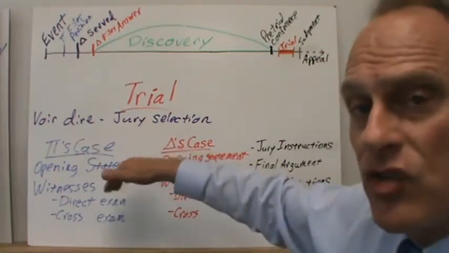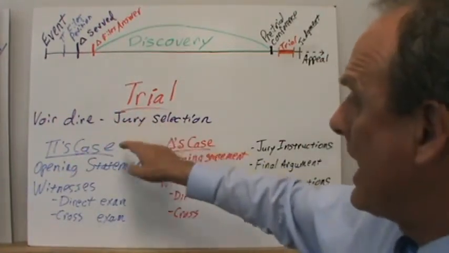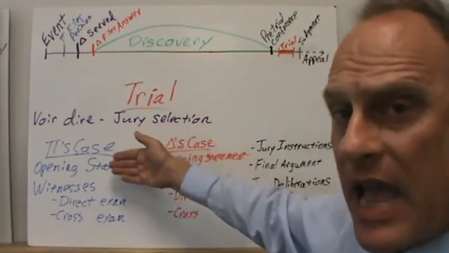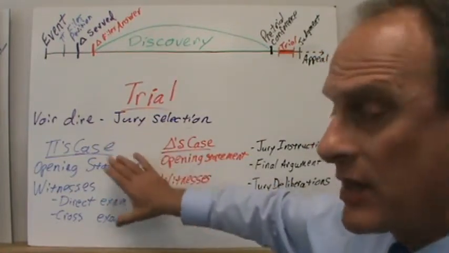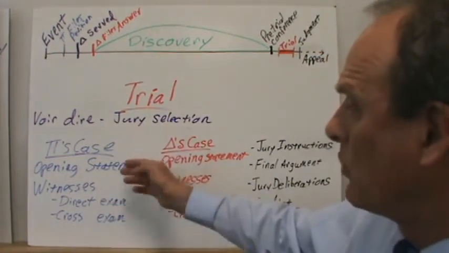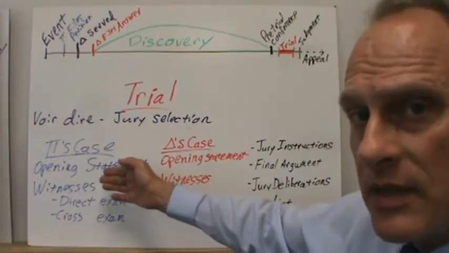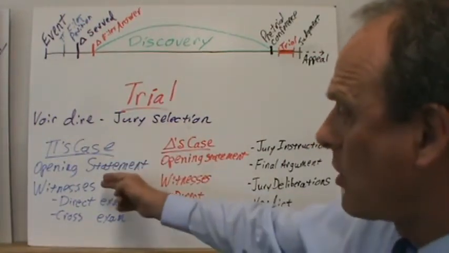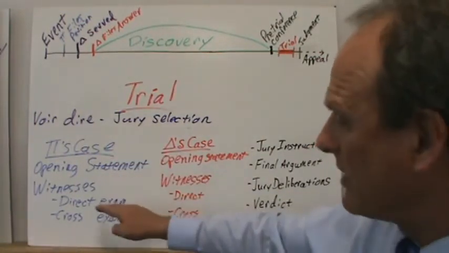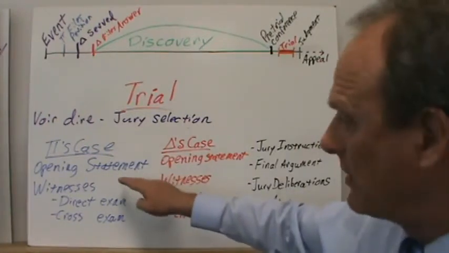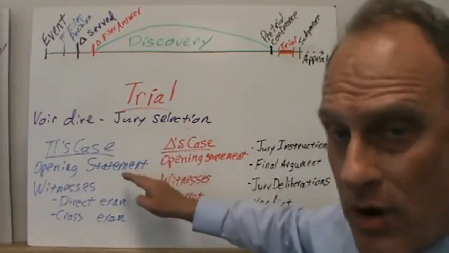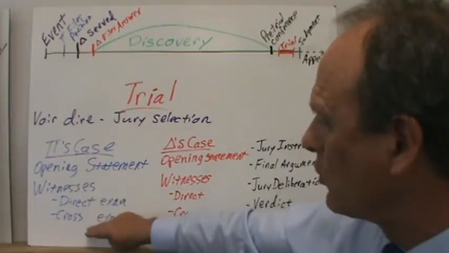But it's jury selection. And then after jury selection, we have the plaintiff putting on the plaintiff's case with their opening statement, and then after the opening statement, calling their witnesses for direct examination by their own lawyer. And then the other parties in the case can cross-examine each of those witnesses.